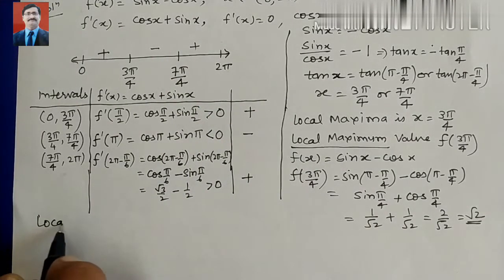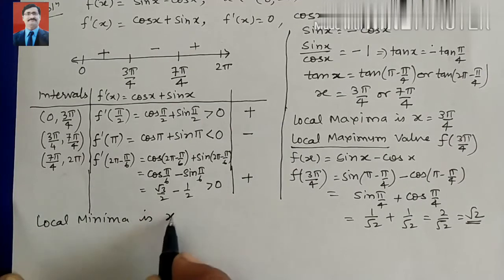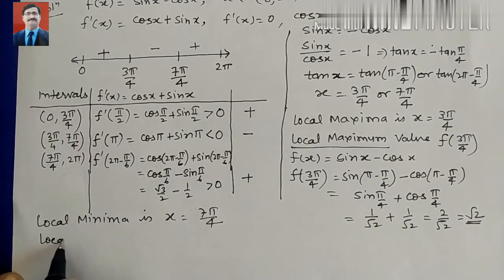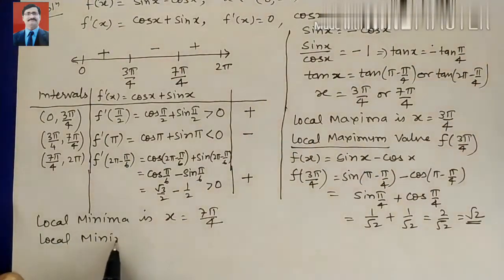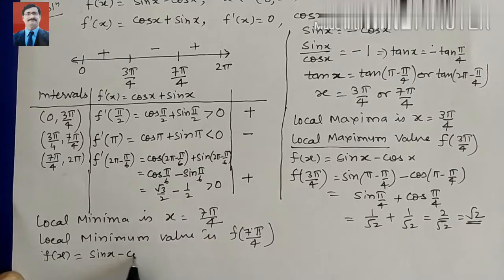So we can write the local minima is at x equal to 7 pi by 4, and the local minimum value is f of 7 pi by 4. We already know f x is sin x minus cos x, and here we put 7 pi by 4.